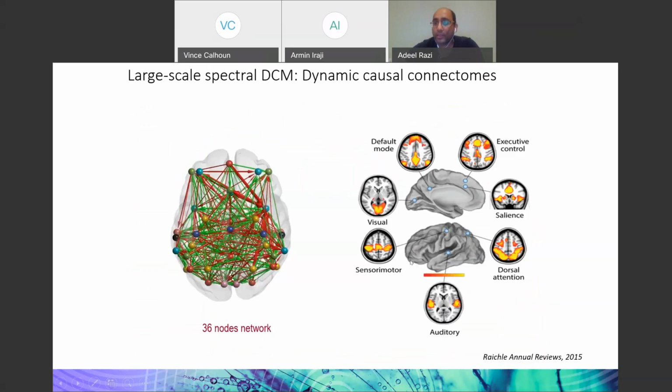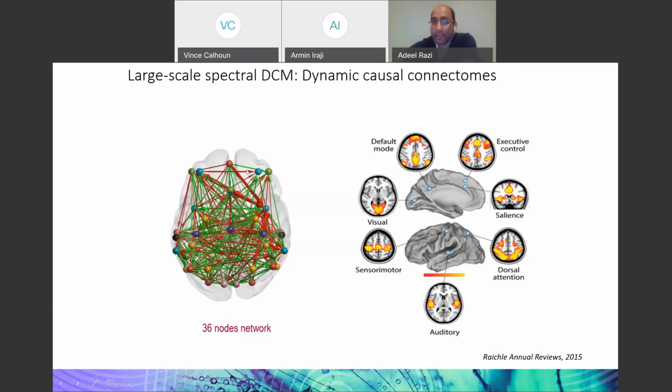What I'm showing here is that we wanted to look at whole brain connectomes. In this case, I have a 36 node network, which I have taken from Marcus Raichle's paper, made up of 7 different canonical networks. Each network has a certain number of nodes, and the total is 36. What we are seeing here is what we call a causal connectome.